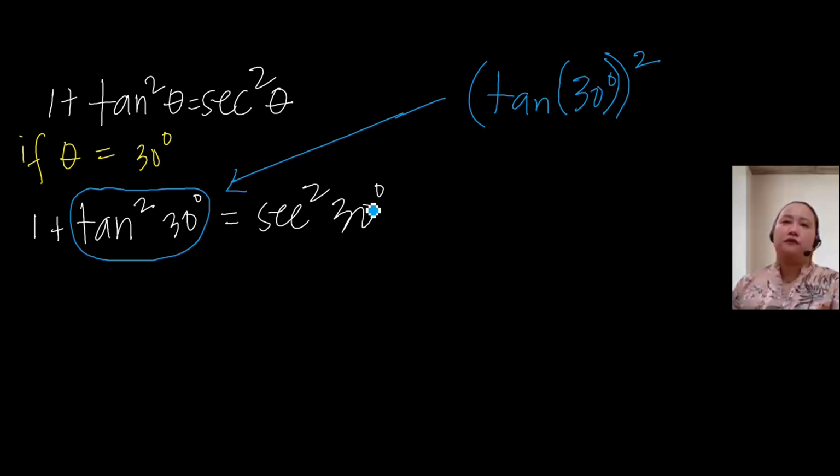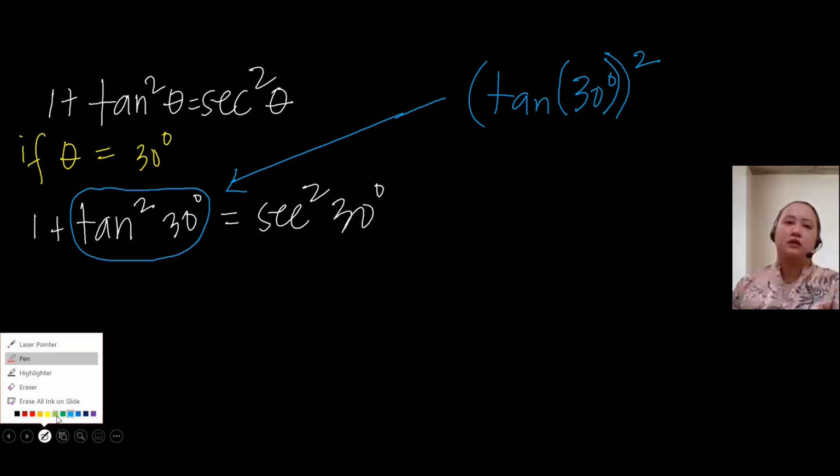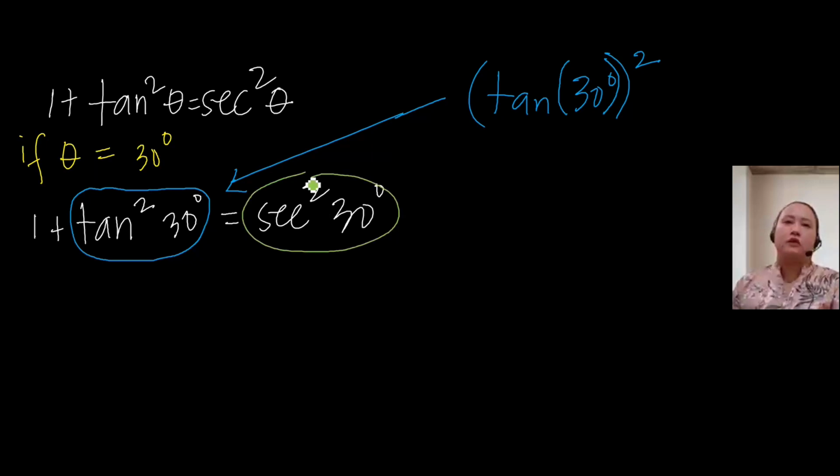Then the secant squared of 30 degrees. If you do not have secant on your calculator, you have sine, cosine, and tangent, so you just make use of the cosine. Remember that the reciprocal of cosine is secant. So secant squared 30 degrees is equivalent to 1 over cosine squared 30 degrees.